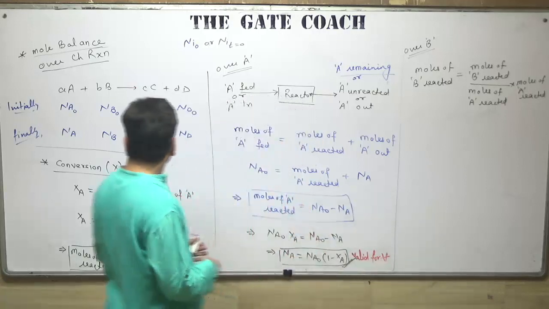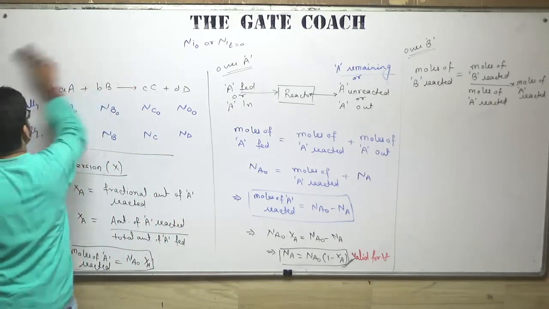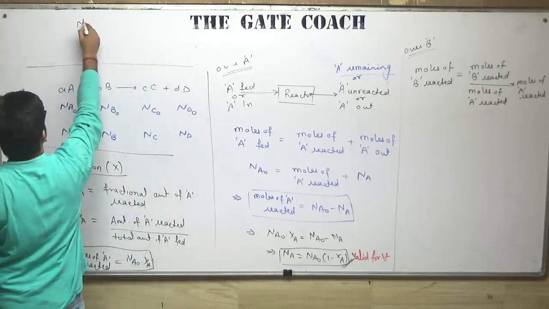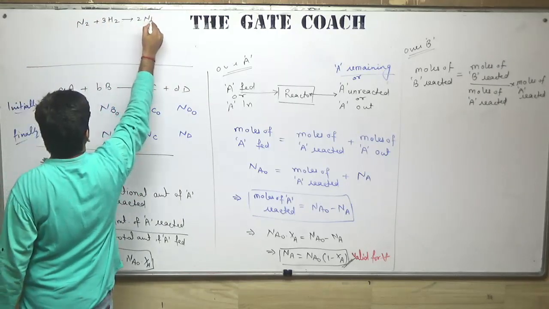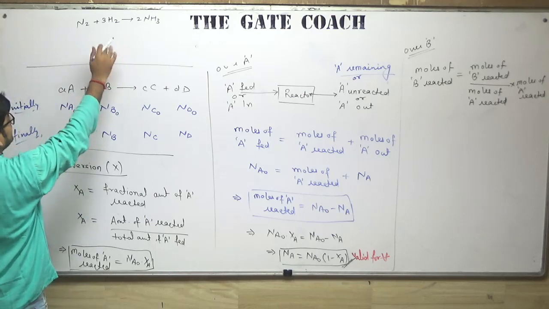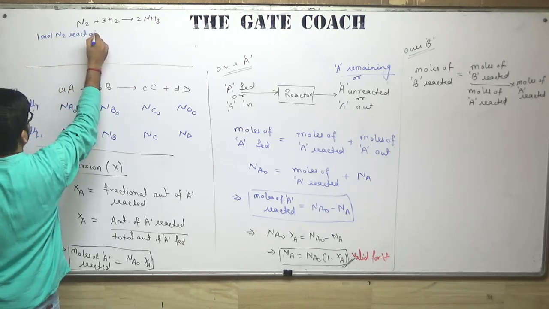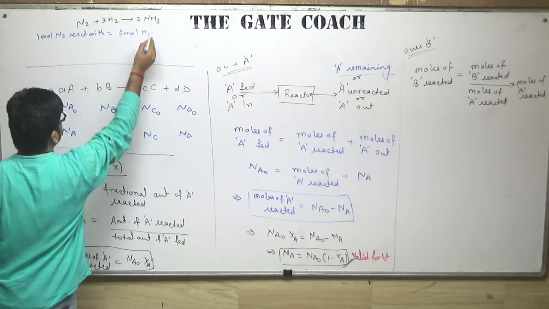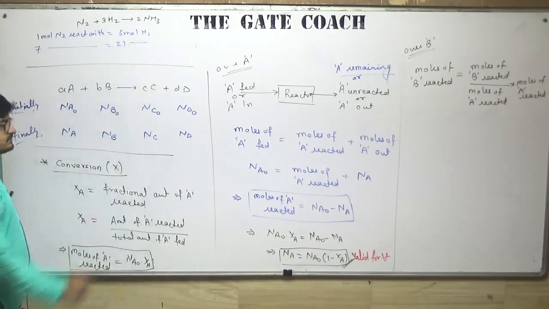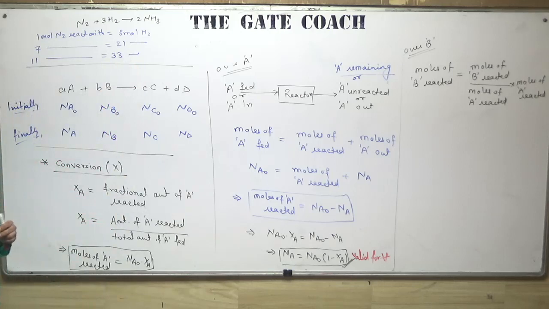Now, again, let's talk about the ammonia synthesis. See guys, from the reaction we can see that 1 mole nitrogen will react with 3 moles of hydrogen, 7 moles of nitrogen will react with 21 moles of hydrogen, 11 moles of nitrogen will react with 33 moles of hydrogen, and so on.